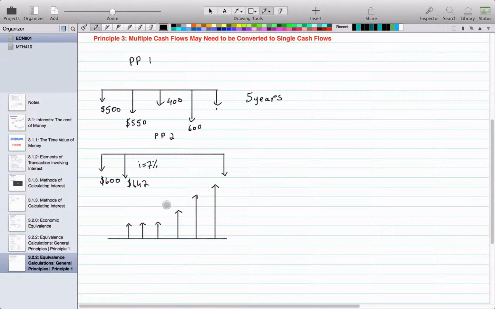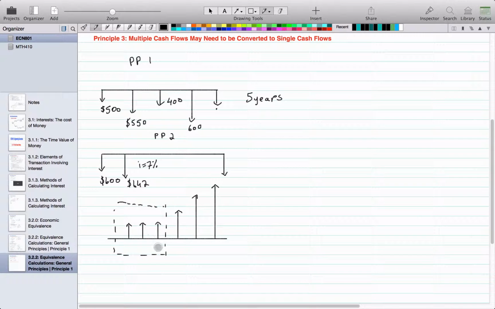You would probably break this up into one cash flow series or one type of equation, right?